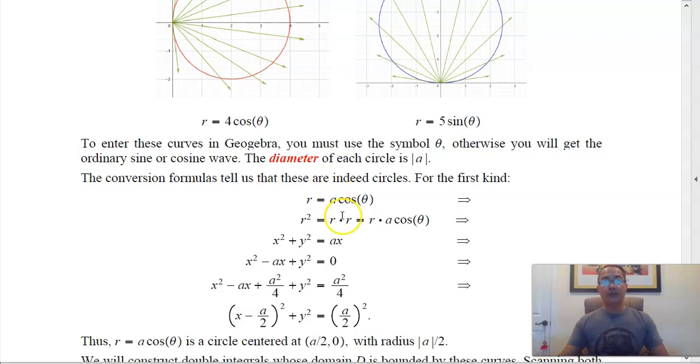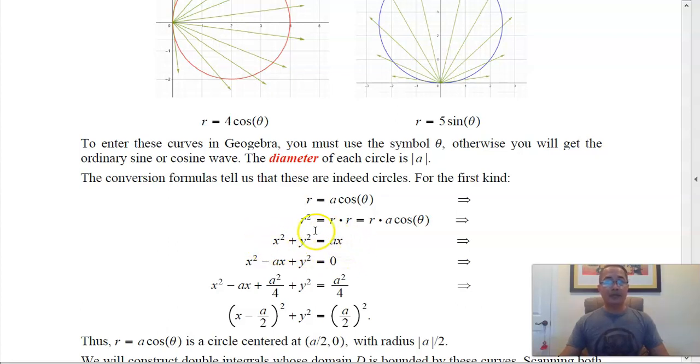So therefore, you're missing an r on the right side. So what you do is you multiply both sides by r. You'll get r squared on the left, and on the right, r times a cosine theta. R cosine theta, that's your x. So you have a left behind. R squared is x squared plus y squared.